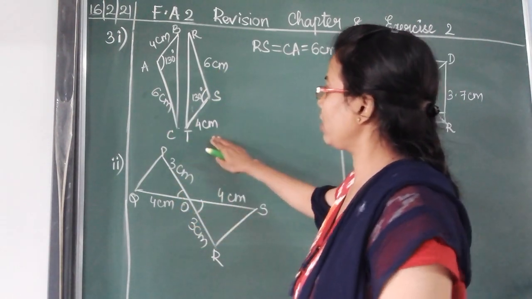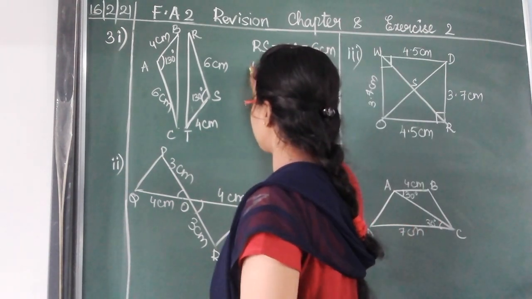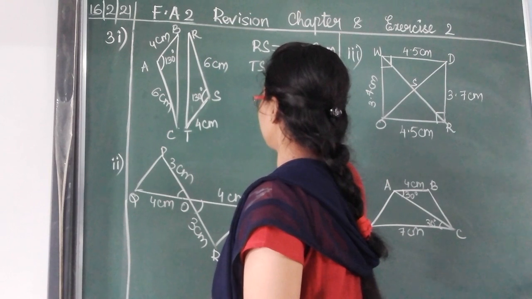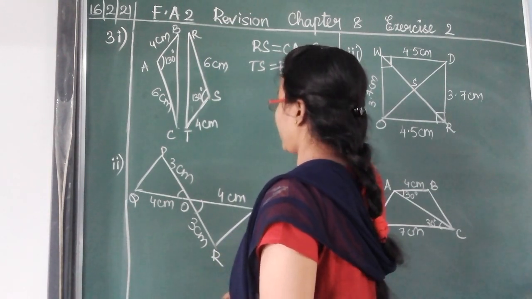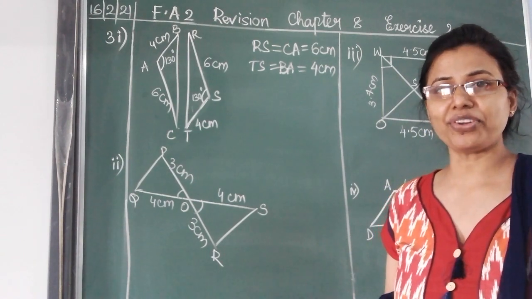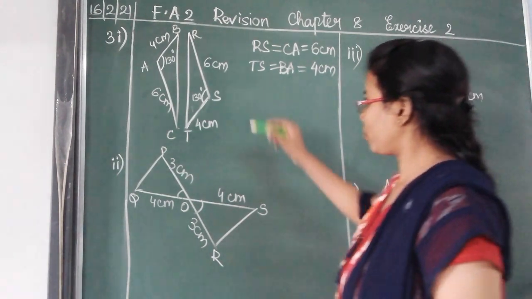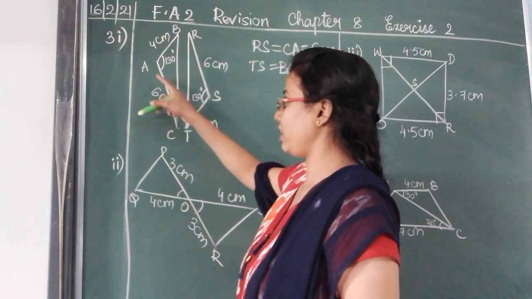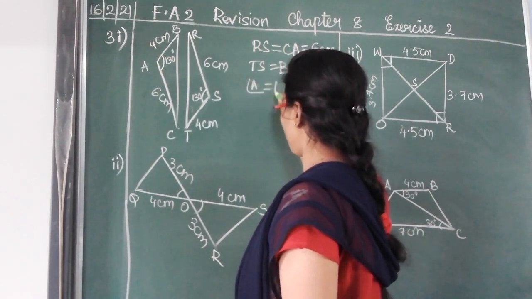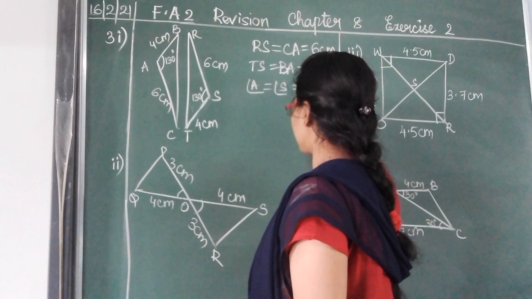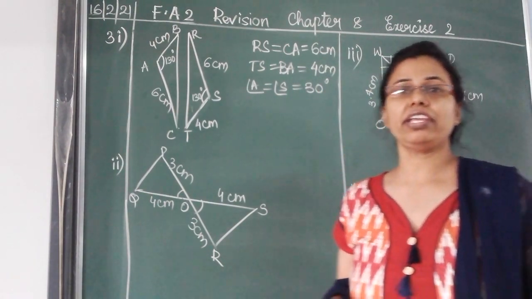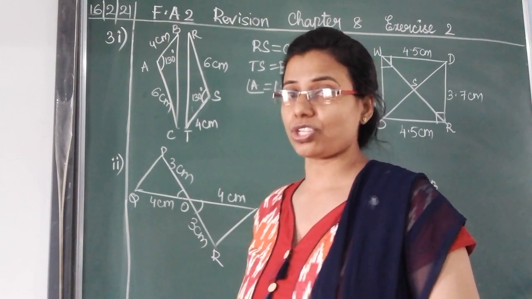Now let's see. Here you can see that TS is equal to BA, which is equal to 4 centimeters. So here these two sides are equal, and here the angle formed at A is equal to angle S, which is equal to 30 degrees. Two corresponding angles are equal to each other.